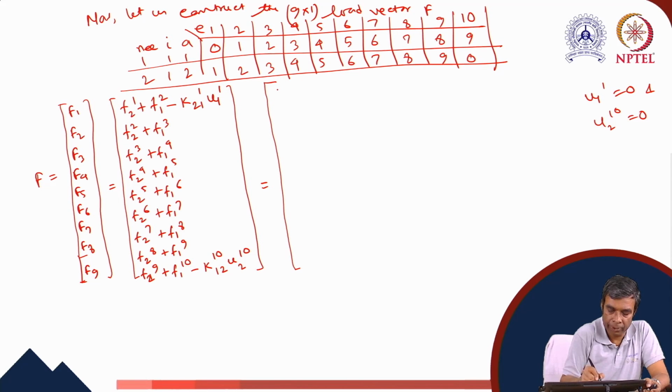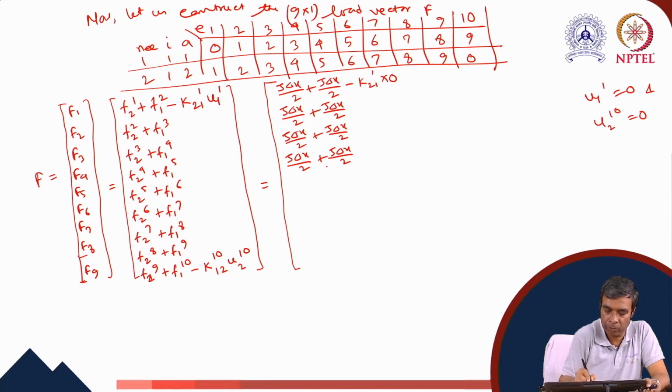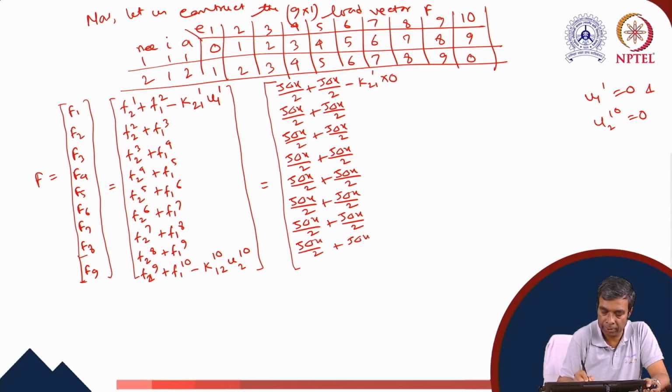In the first case, these values are S delta x by 2 plus S delta x by 2 minus K 2 1 1 into 0, then S delta x by 2 plus S delta x by 2, and so on for each entry.